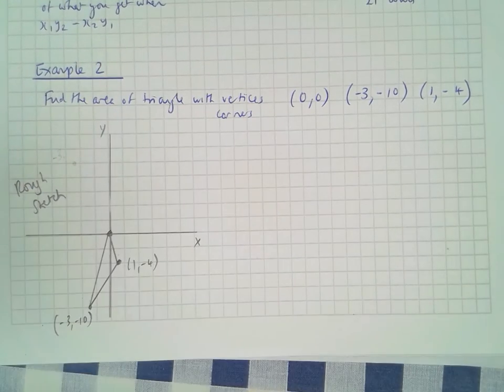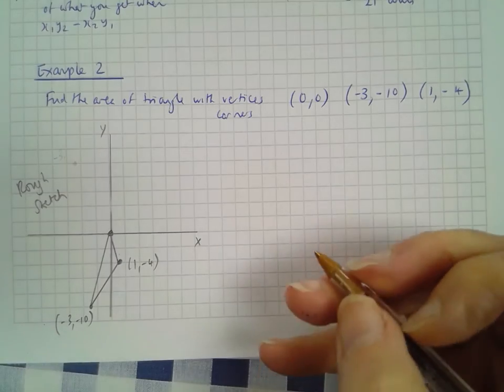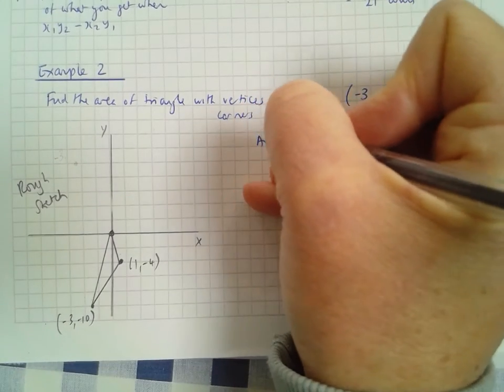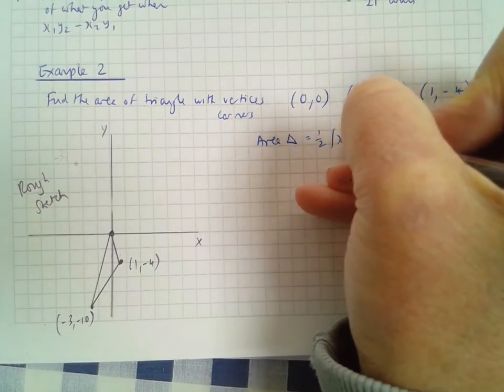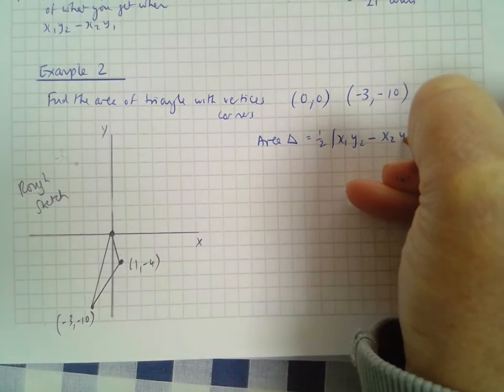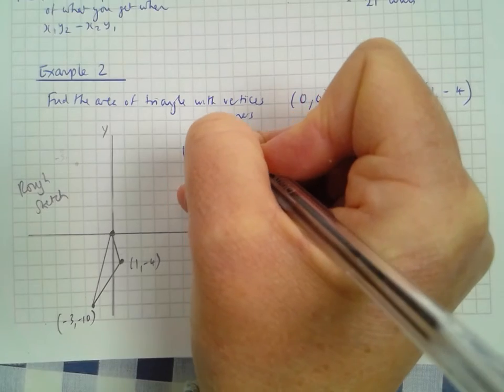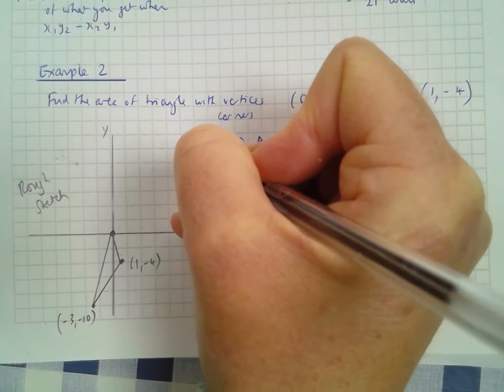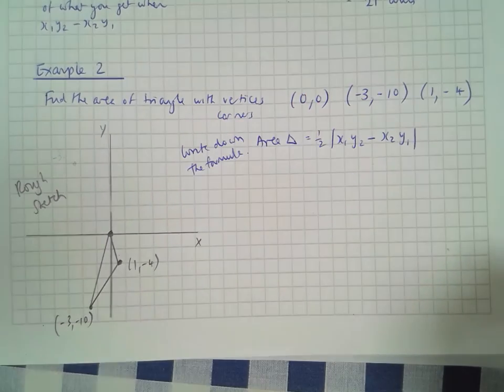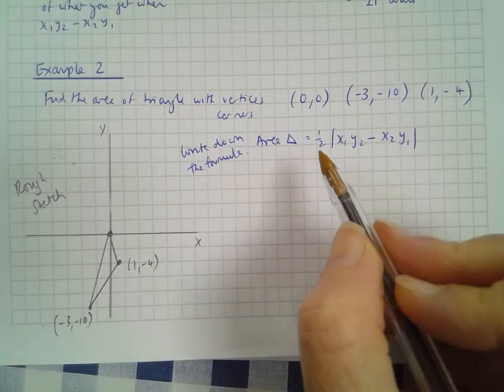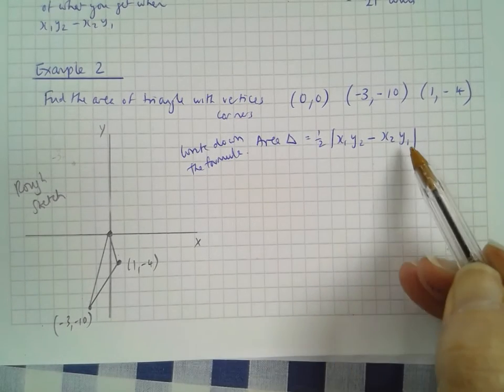So again, our formula says the area of a triangle is a half |x1 y2 minus x2 y1|. Now always write down the formula. You'll get marks if you aren't given the formula and you write down the correct formula.